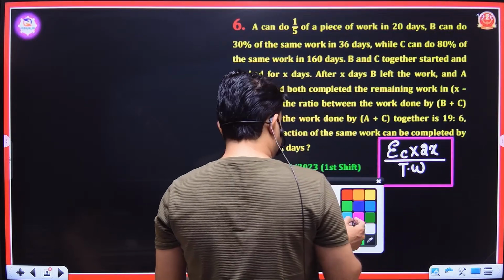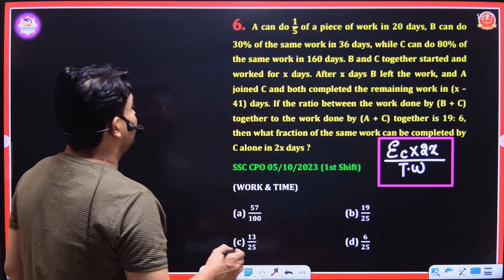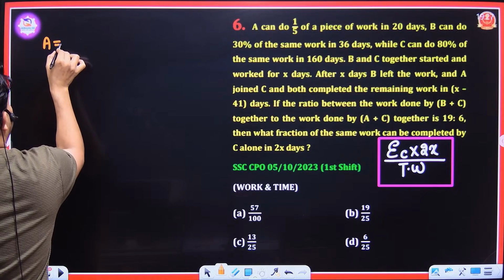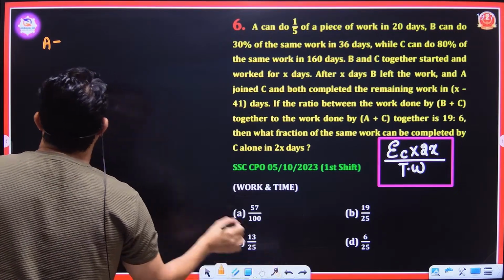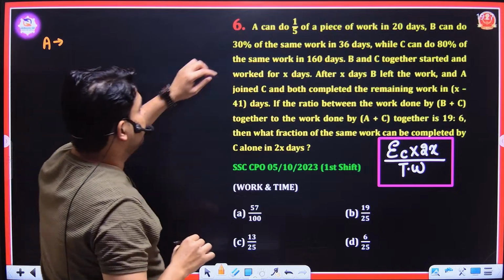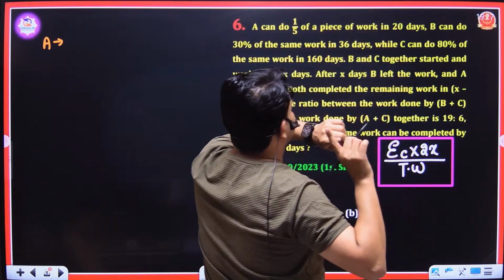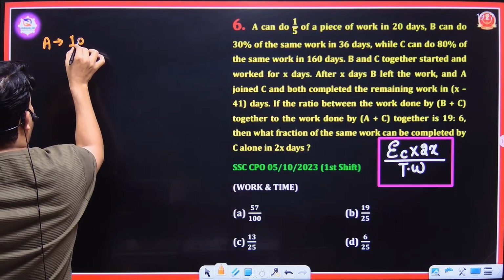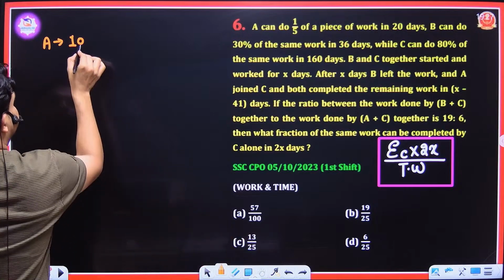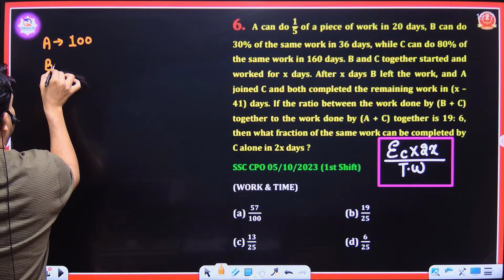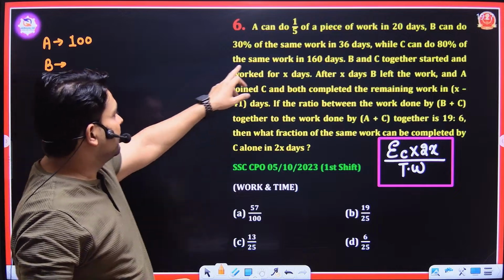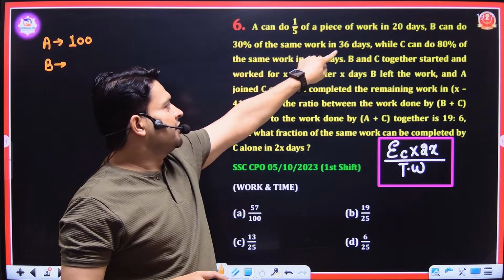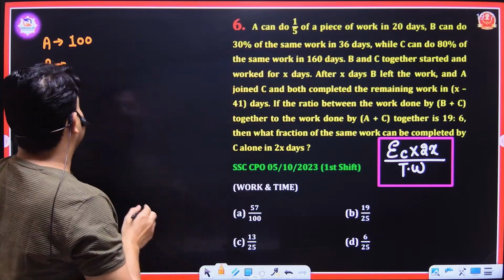See what we have. A can do 1/5 of the work in 20 days. If 1/5 of the work is done in 20 days, then for the complete work, multiply 5 into 20, and we have 100 days here. B can complete 30% of the work in 36 days, so 10% of the work in 12 days, and 100% of the work in 120 days.